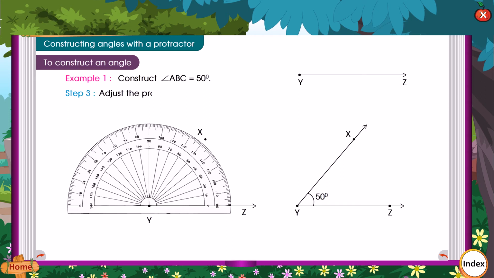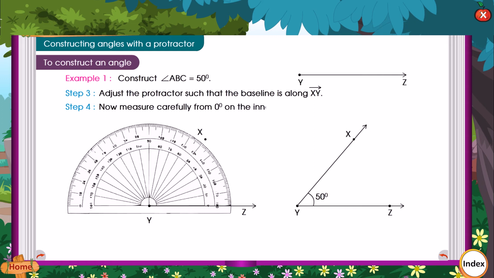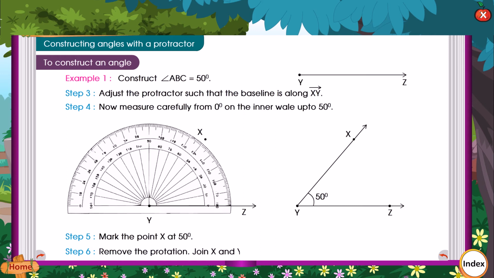Adjust the protractor such that the baseline is along XY. Step 4. Now measure carefully from 0 degrees on the inner scale up to 50 degrees. Step 5. Mark the point X at 50 degrees. Step 6. Remove the protractor, join X and Y to get XY. The measure of angle XYZ is equal to 50 degrees.